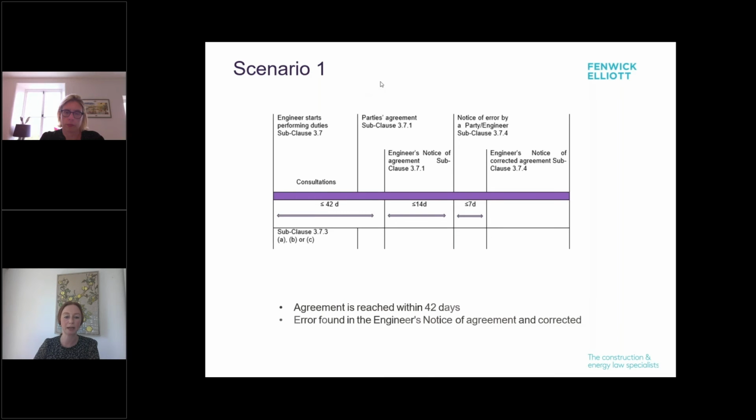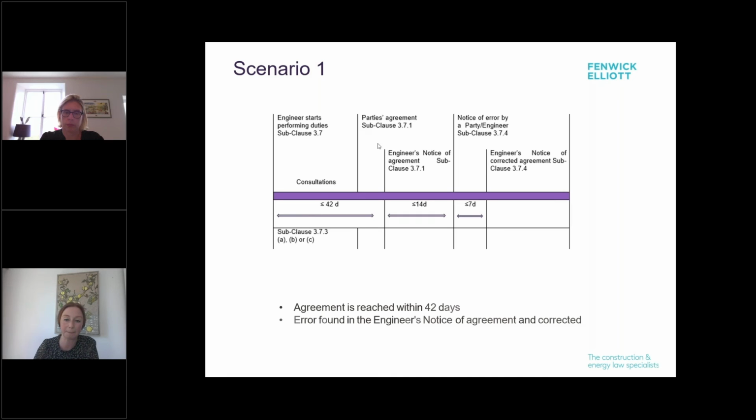And I've got a couple of scenarios here that I can just quickly take you through, where you can see in this scenario one, using the flowchart set out above, if the engineer starts performing its consulting duties under subclause 3.7, if the parties then reach agreement within that 42-day period, you can see that the timescale for all these steps starts becoming a little bit compressed.